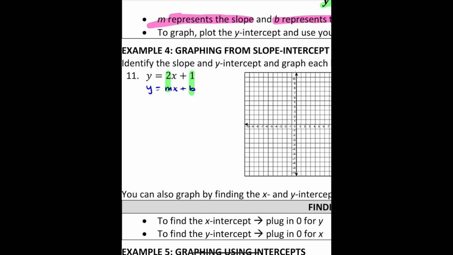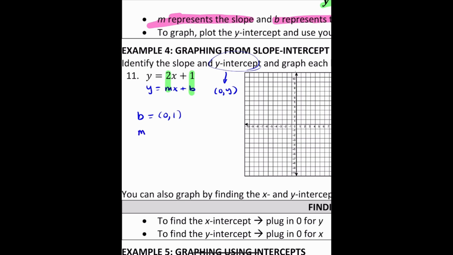That way I can identify what the slope is and the y-intercept. The first thing is, let's figure out the y-intercept. Remember, we represent that as a lowercase b. That says 1. And remember, the y-intercept is always in the form 0, comma y. So in this case, b is 0, comma 1.